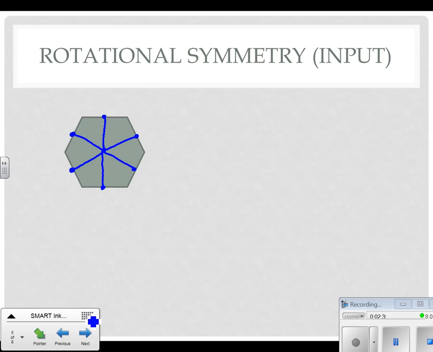So what happens then is we have a total of 6 angles on the inside. So to figure out the angle of rotation, how many degrees can we turn this clockwise so that it looks this exact same way?